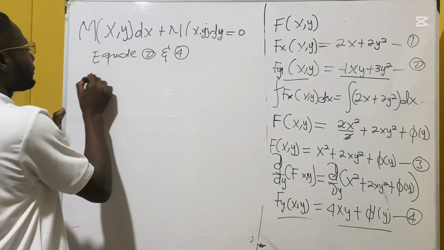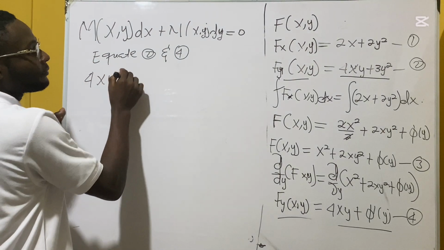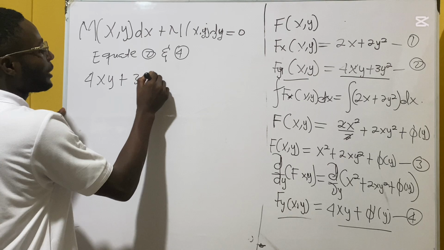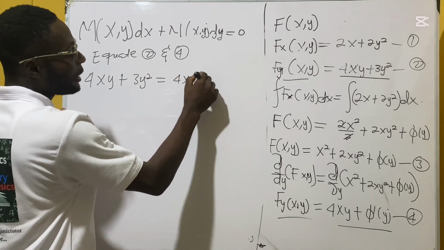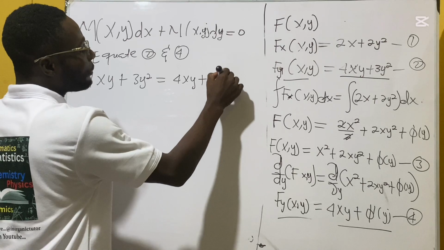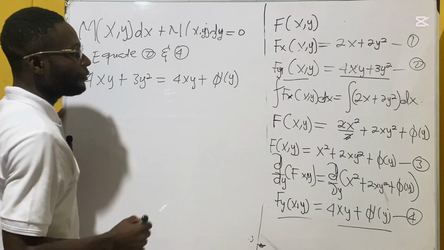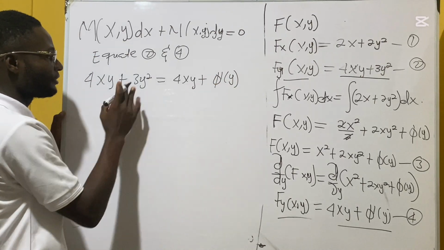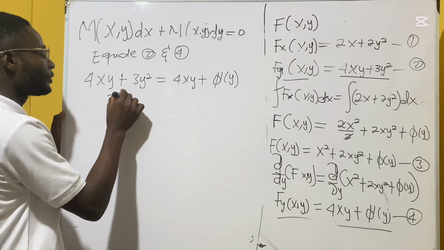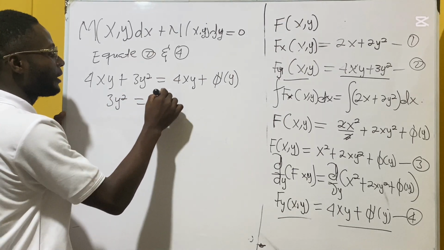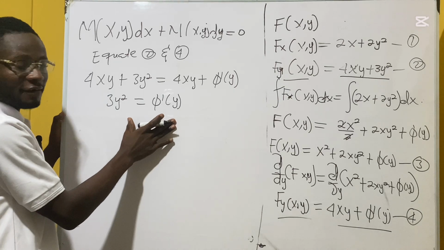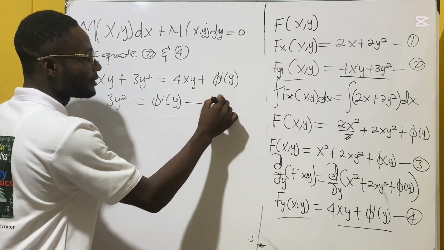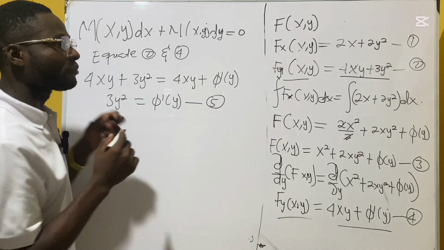So we have 4xy plus 3y squared equals 4xy plus phi prime of y. This can be simplified to 3y squared equals phi prime of y. Let's say this is equation 5.